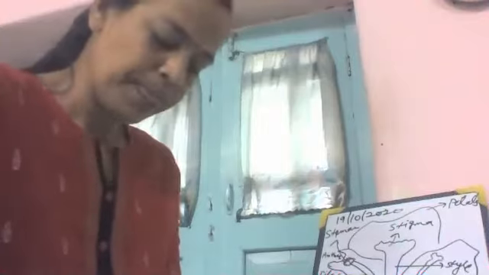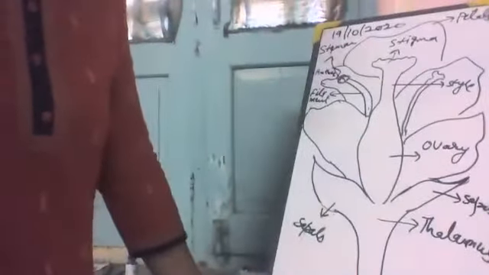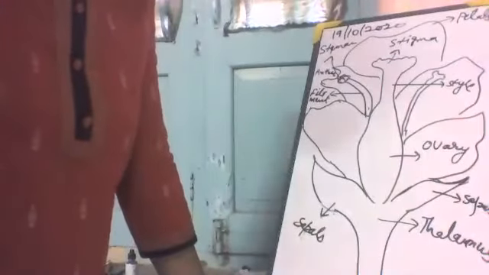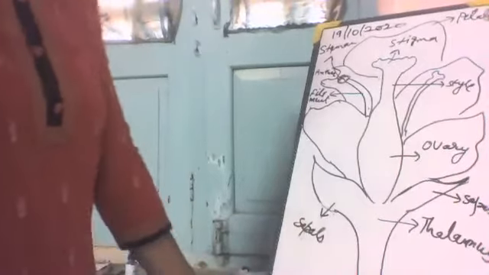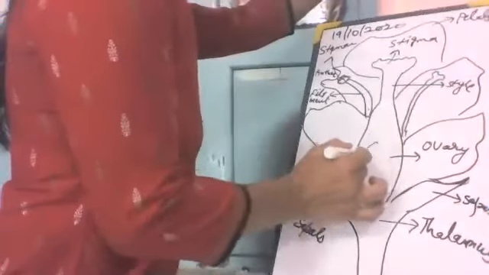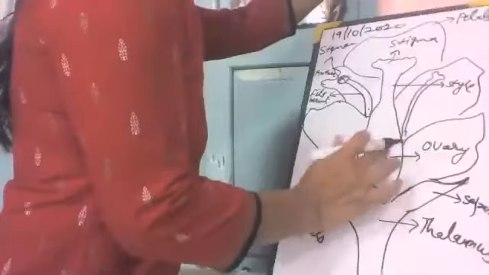Okay, then ovules. These are the small rounded bodies present inside the ovary.